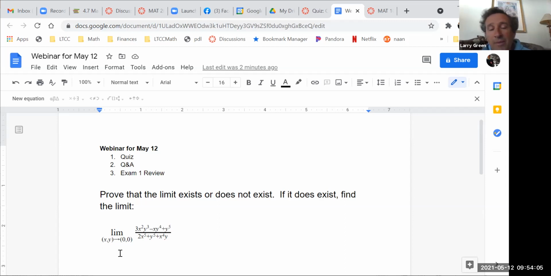When you have it, you don't have to put the whole solution in the chat box, because that's too hard in the chat box. But maybe you can write down either that it doesn't exist, or that it does and what the number is. Let's see if two people can agree or not agree.